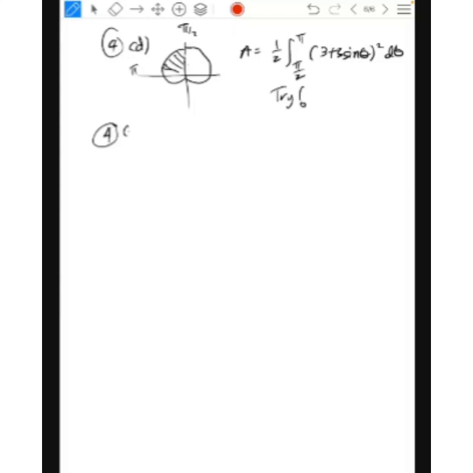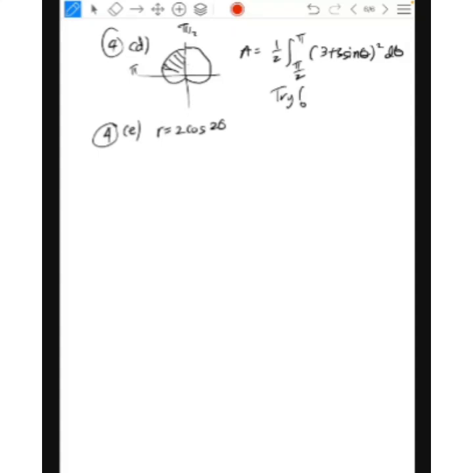And then for E, the area of the rose is r equals 2 cos 2 theta. For the area of the rose, you have to find all the petals and then multiply by how many petals there are.